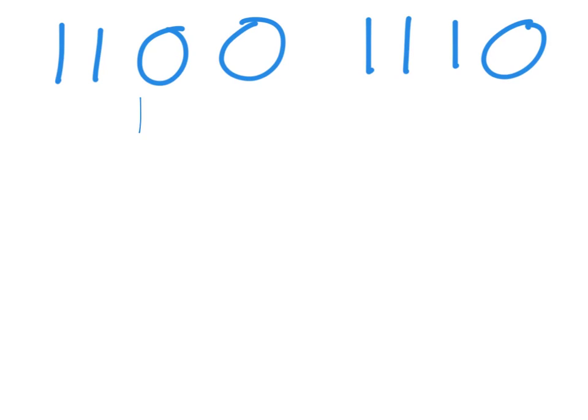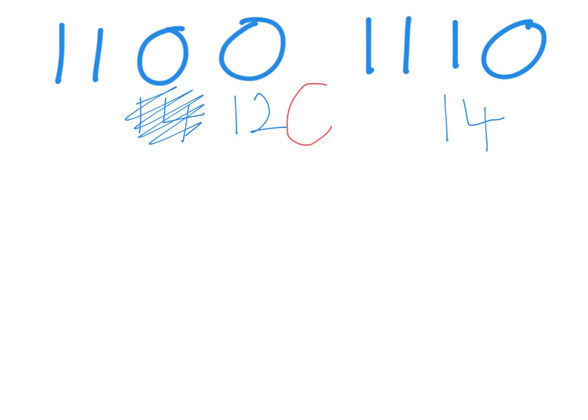The first nibble is 14, and this side is 12. 12 is C, and 14 is E. So our hex equivalent for that is CE.